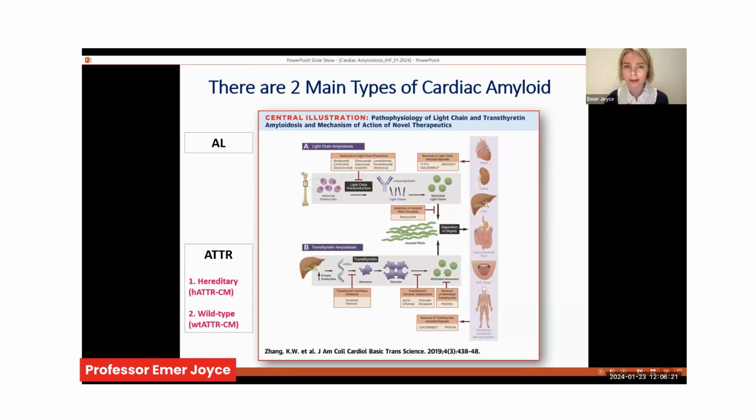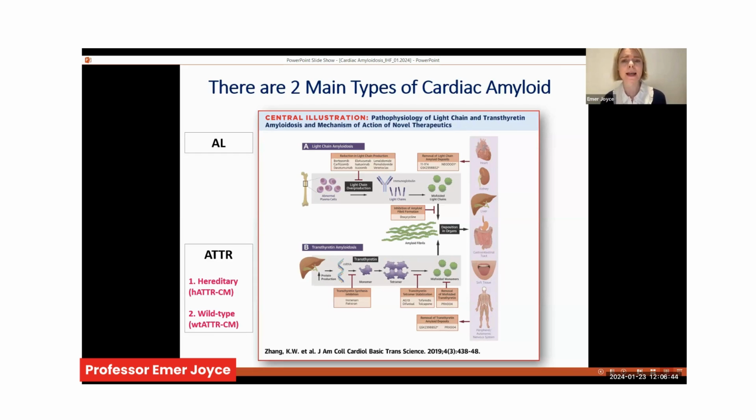Parts of those antibodies are overproduced, and they break down and become the amyloid fibril that deposits in the organs. AL amyloid has a very specific treatment, usually co-managed or mainly managed by the hematology team, but we cardiologists, and often kidney doctors, also follow those patients.